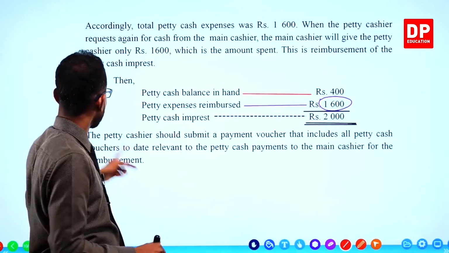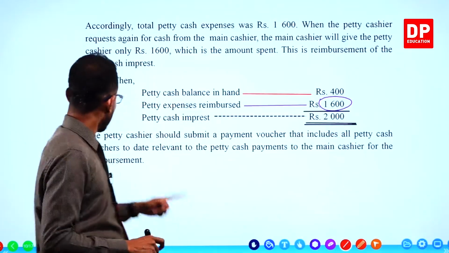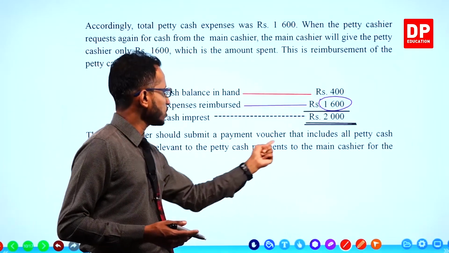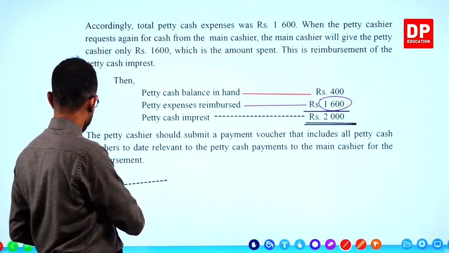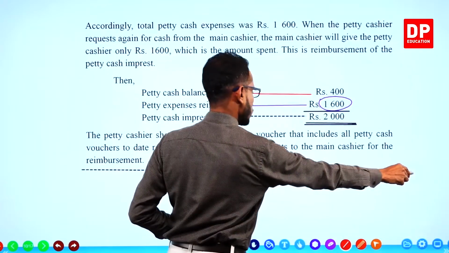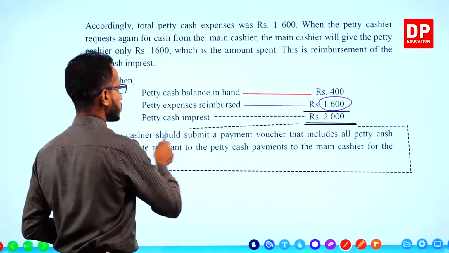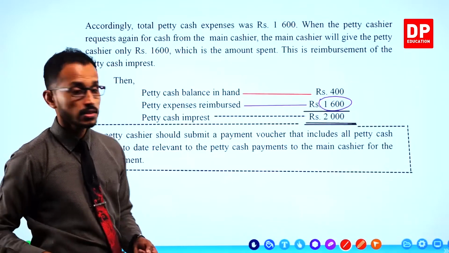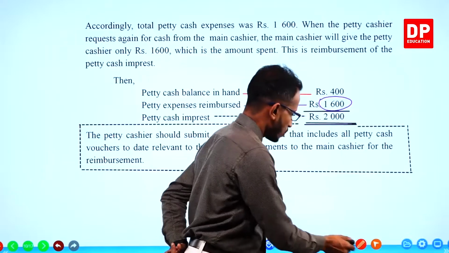All right. The petty cashier should submit a payment voucher that includes all petty cash vouchers to the date relevant to the petty cash payments to the main cashier for the reimbursement. This is what I told you, children, the thing we discussed in the previous slide.